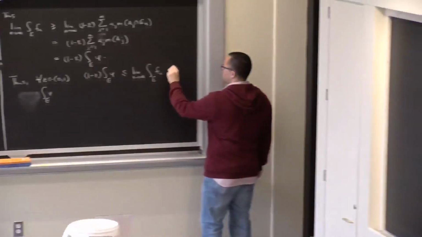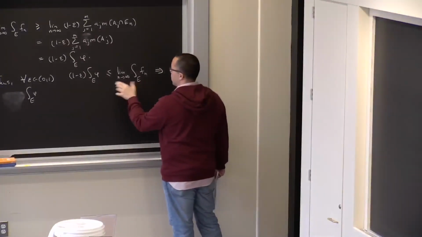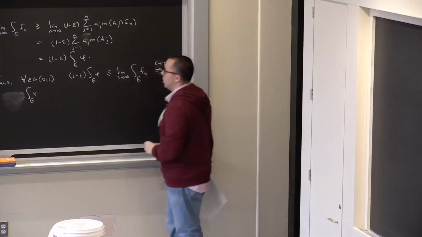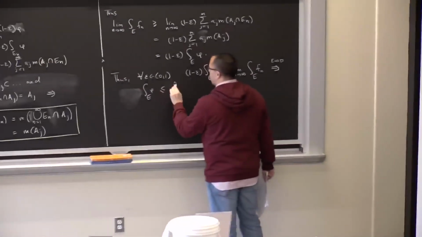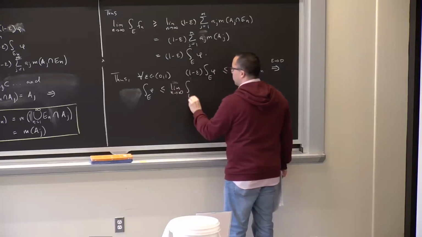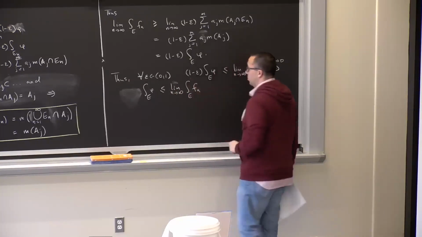So I have this inequality with n fixed along with an epsilon here. So I can send epsilon to 0. And I get the integral of phi is less than or equal to the limit as n goes to infinity of the integral of fn.